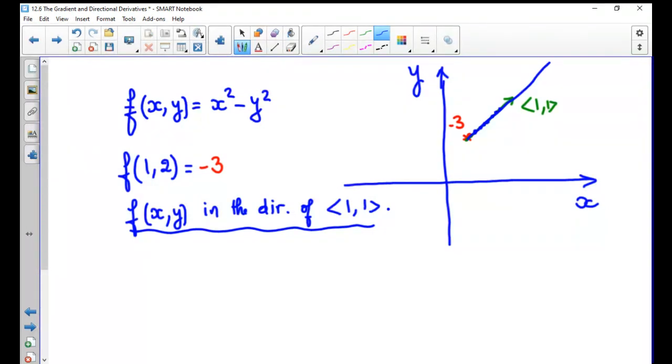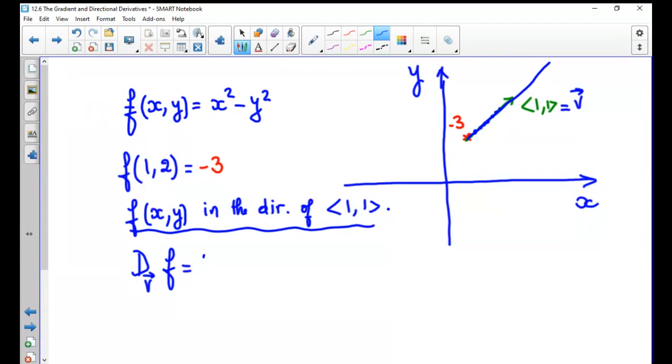Normally, when you want to know if a function is increasing, decreasing, what do you calculate? How is it changing? Its derivative, exactly. So here, what I need to find is the derivative of the function f, in the direction of this vector v.